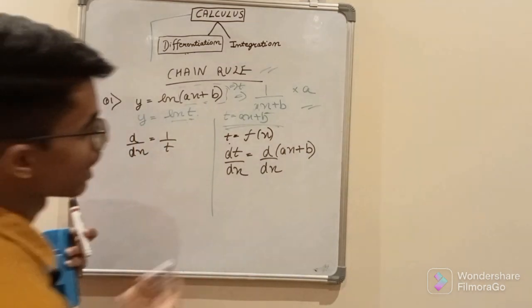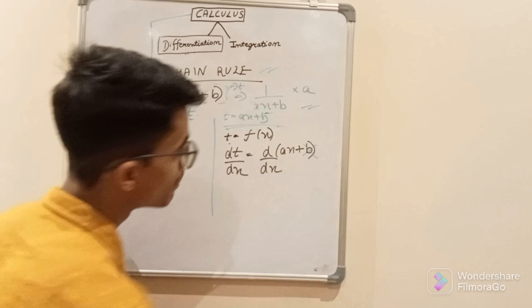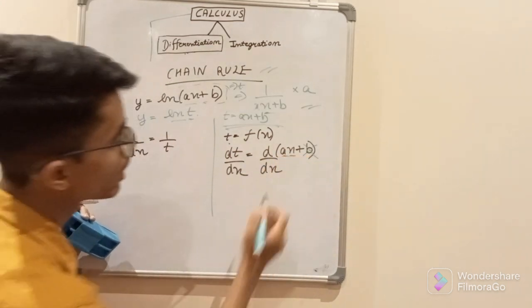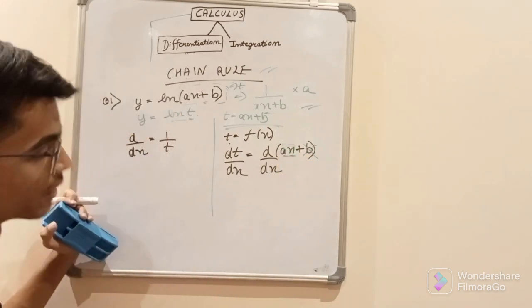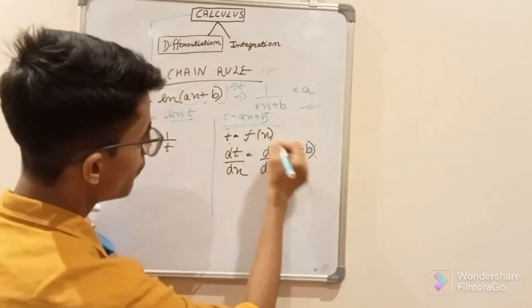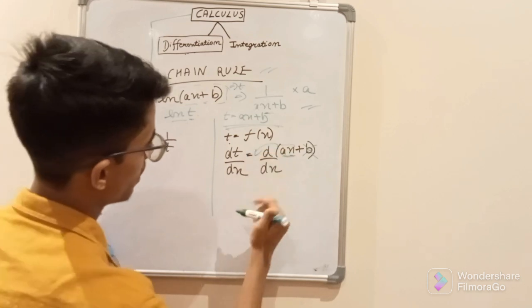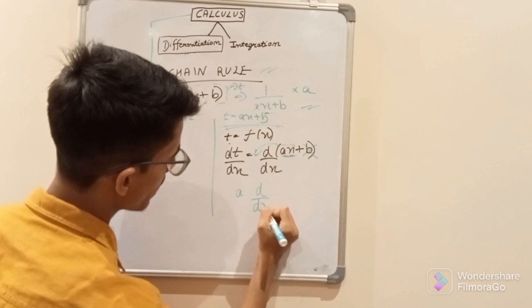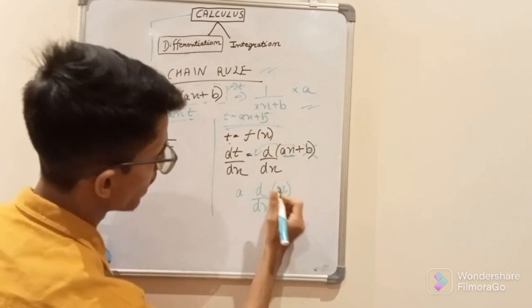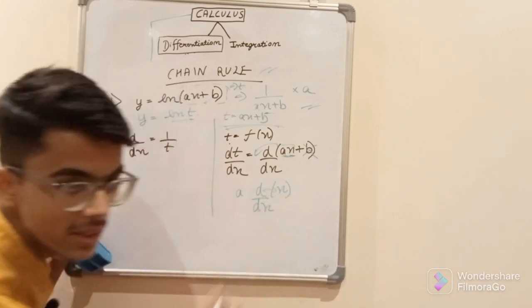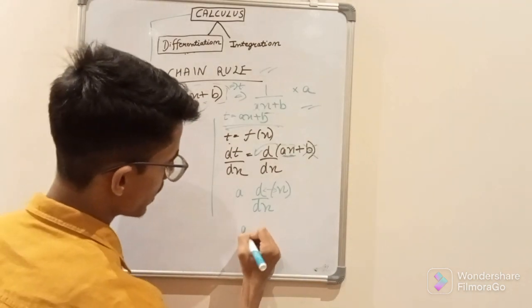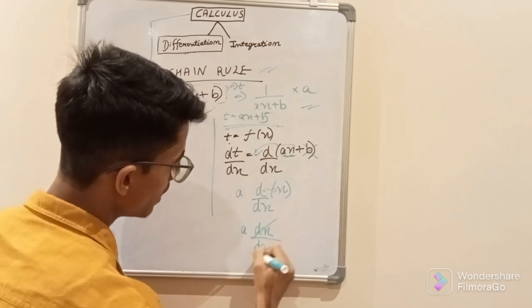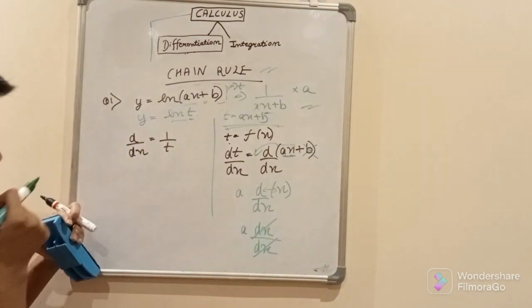Now b is alone, that is a constant, so we can directly eliminate it, and a and x are not constants because they are attached to each other. So if we take a outside, we can write it as a d upon dx of x, that is a dx upon dx, and ultimately these two dx will cancel out each other.